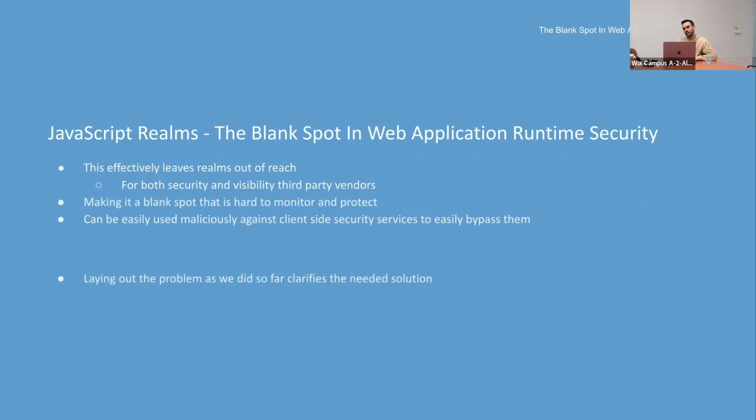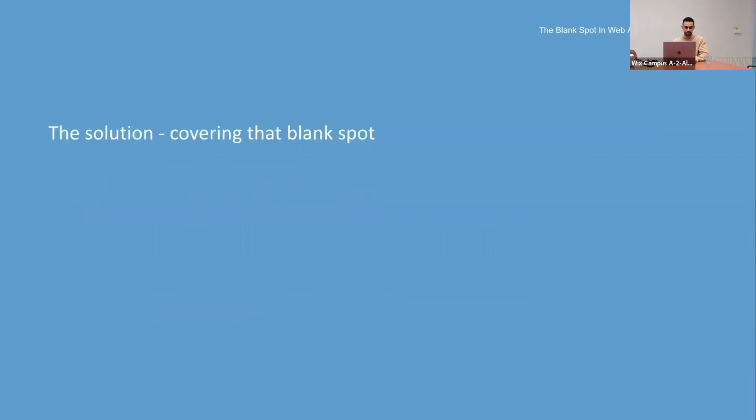Now, I hope that laying out the problem as we did so far clarifies what the needed solution is. We need a way to dynamically and automatically apply our security logic or our visibility logic to all child realms within the application rather than only the top main realm. Let's talk about that a little bit more.